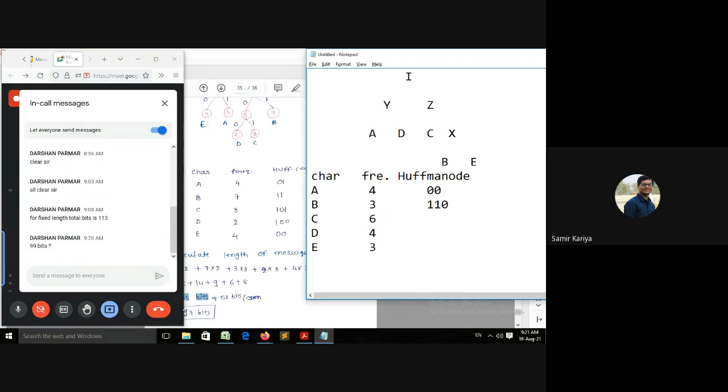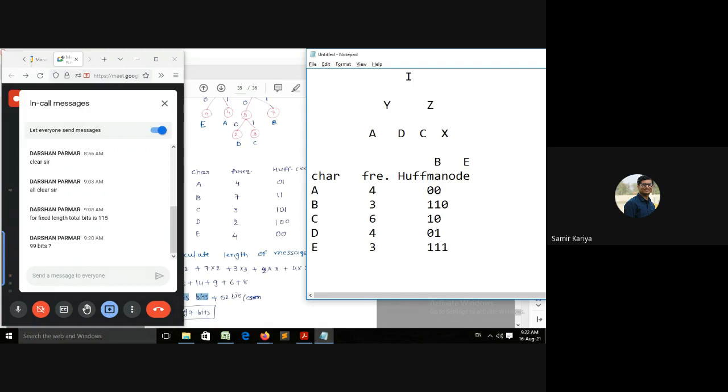Similarly C, that's 1 0. D 0 1, and E, that's a triple 1.